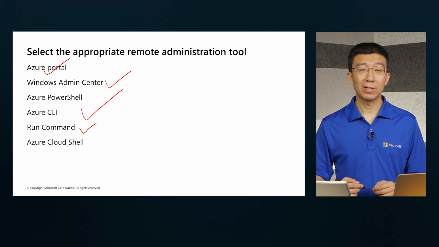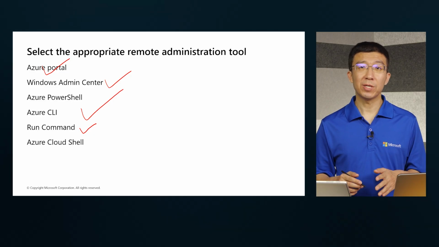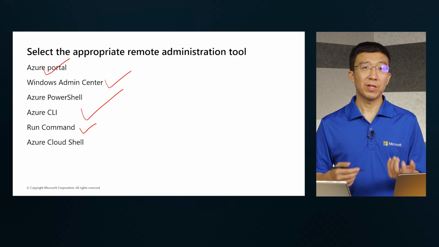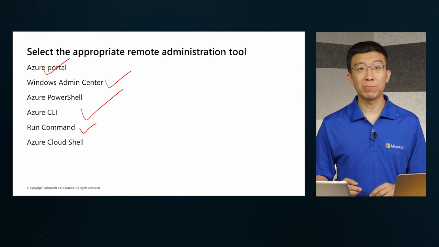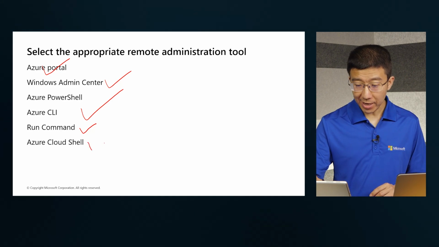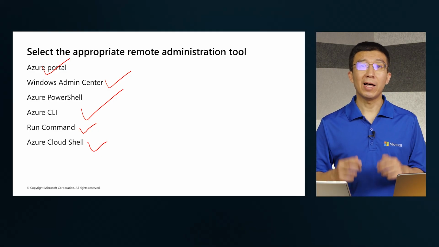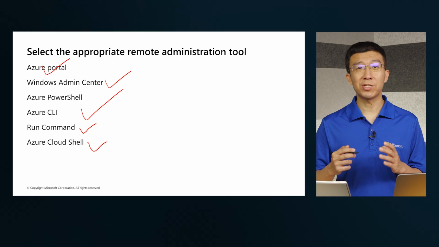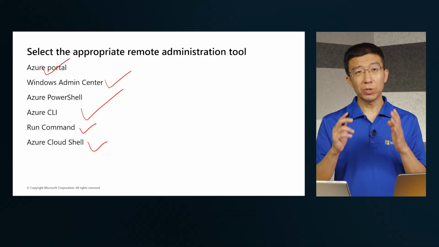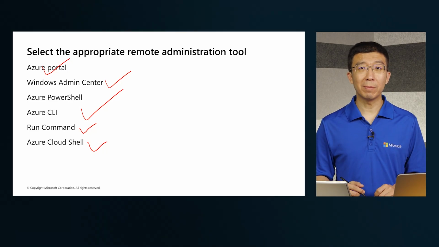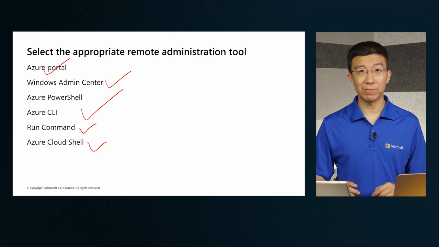Run command, execute scripts on VMs, even if they are not directly reachable. And last but definitely not least, Azure Cloud Shell, an online shell with pre-installed tools. We will use these tools to complete management tasks in the lab at the end of this session.